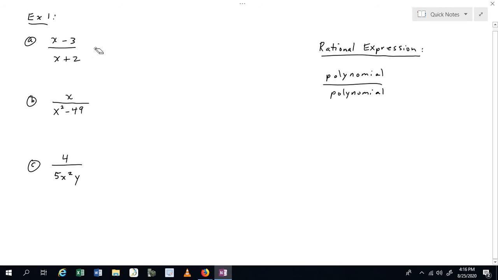We don't know what it means when you take a negative number and divide it by 0. In fact, we don't know what it means when you take any number and divide it by 0. Division by 0 has no meaning in mathematics. We don't know what it means, right? It's undefined. Okay? It's not a number.